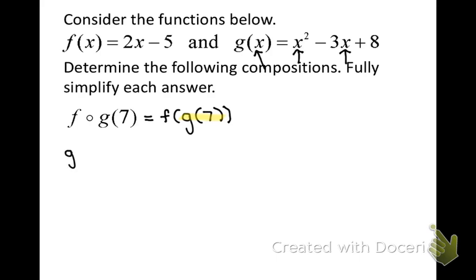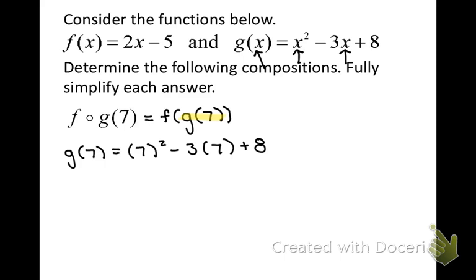So we are looking for g of 7, which is going to equal 7 squared minus 3 times 7 plus 8. Now, notice that as I do this, and this should be true any time you evaluate a function or plug in, you always want to make sure that you put parentheses around what it is you're plugging in. So I'm putting parentheses around that 7 as I plug it in.